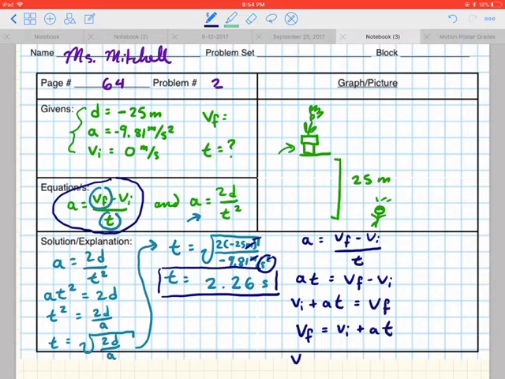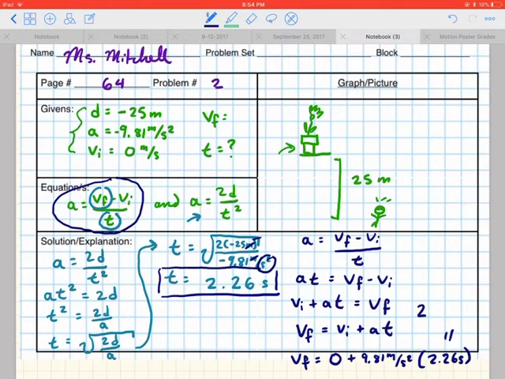I'll do it down here. vf equals my initial velocity, which is 0, and that makes it easy, plus 9.81 meters per second squared times time. What was my time? Oh yeah, found it, 2.26 seconds. Sorry, I ran out of room, so I'm going to put my equal sign here. 9.81 times 2.26, feel free to do this with me.